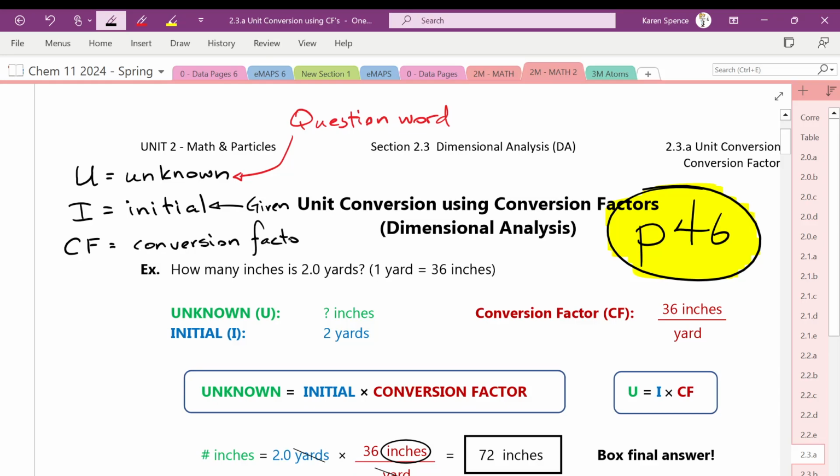Anyone worked with conversion factors before? Yes? Okay, a few of you. So a conversion factor is basically where you have two things that are equal to each other.